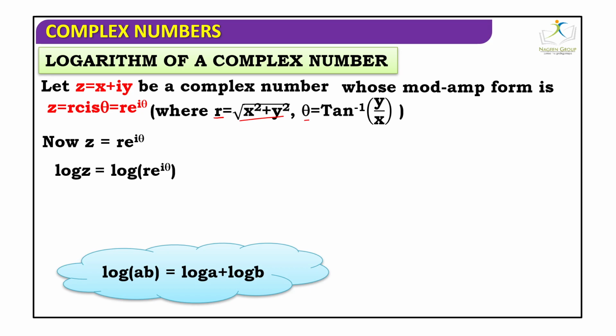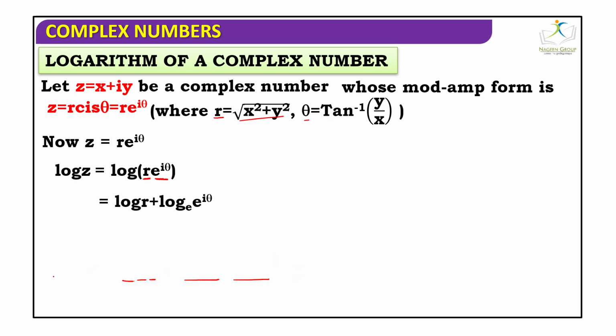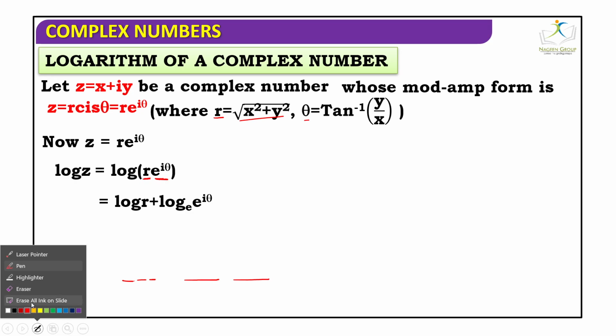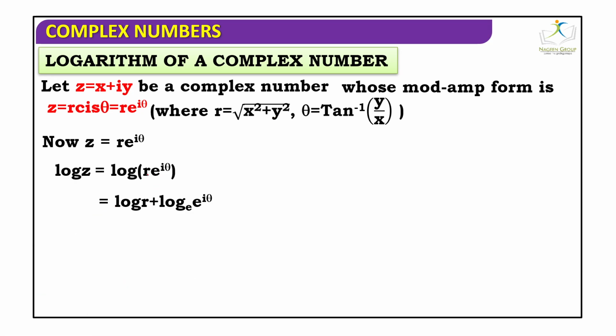If we have two terms in multiplication and we apply the logarithm on them, it will be separated as log a plus log b. So here we are writing log of r plus log of e to the power iota theta.